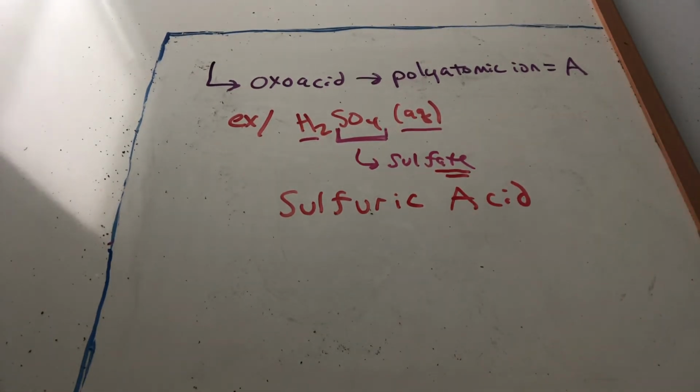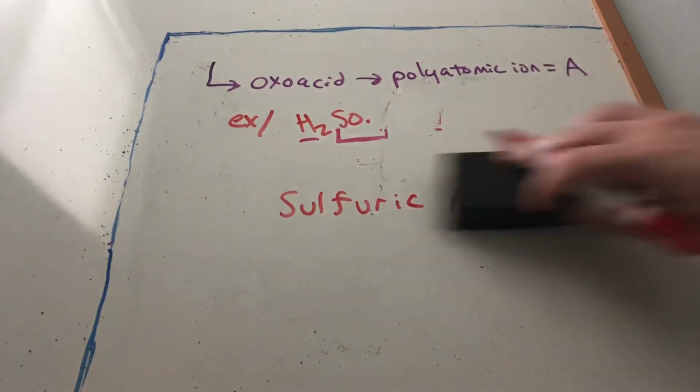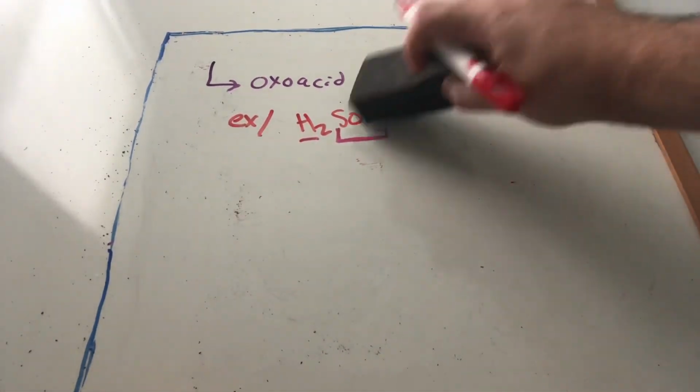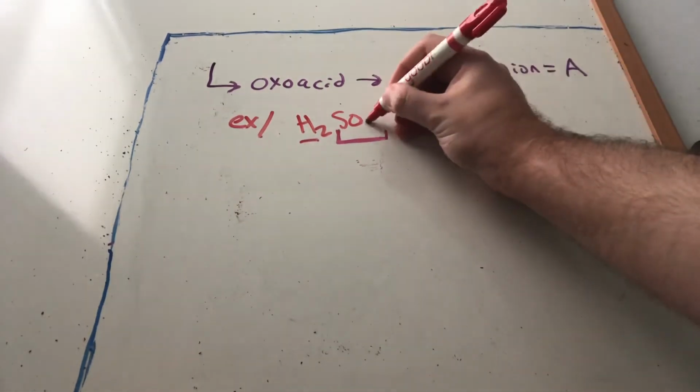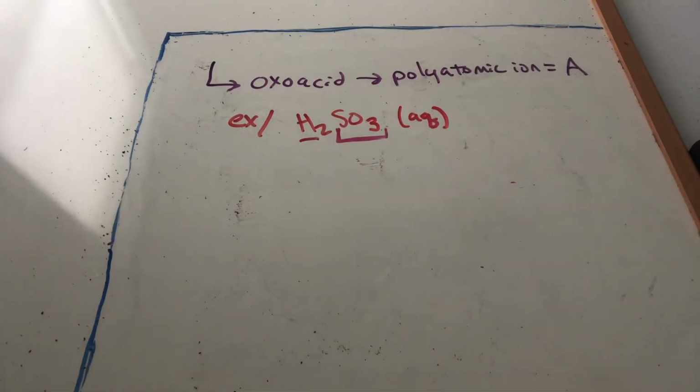So now you can see the rules playing out in real time here, right? Let's do another example. What happens if we make this H2SO3, aqueous? Again, it fits into our identification of an acid.